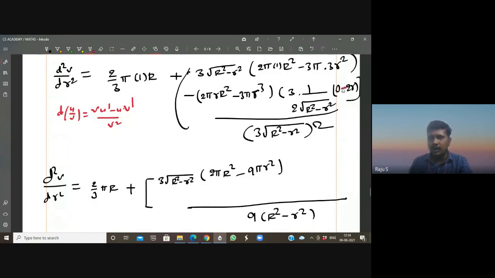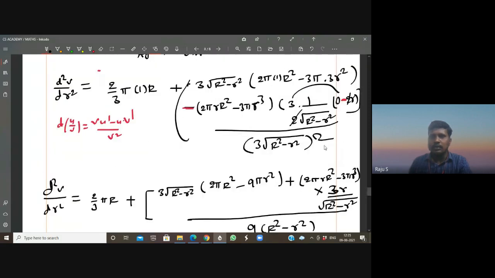See students, here minus is there, here minus is there, minus to minus plus. So what about this value? 2 pi r capital R square minus 3 pi small r cube into here 6r, into 6r by 3. To the 6r by, okay, 2 you can cancel, it's better to cancel 2, then it becomes 3r by root over capital R square minus small r square.